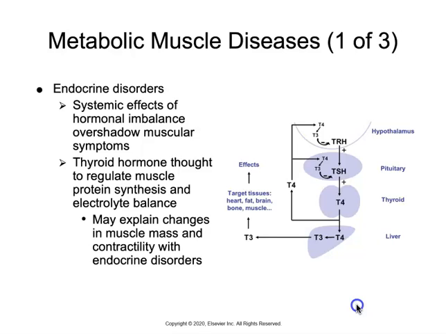So just in that glimpse of our thyroid gland and thyroid hormone, we can see how it can really affect our musculoskeletal system, because our thyroid hormone really has a role in regulating muscle protein synthesis and electrolyte balance. And they typically improve with proper hormone treatment if we're suffering from any of those disorders.